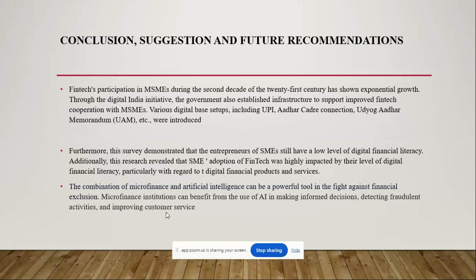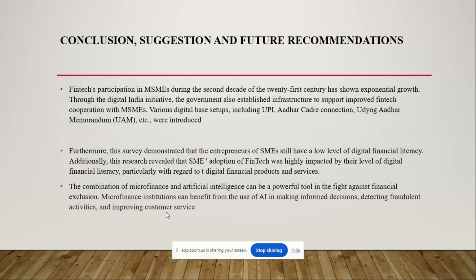This is my conclusion. Fintech's participation in MSMEs during the second decade of the 21st century has shown exponential growth. Through the Digital India initiative, the government also established infrastructure to improve fintech cooperation with MSMEs.